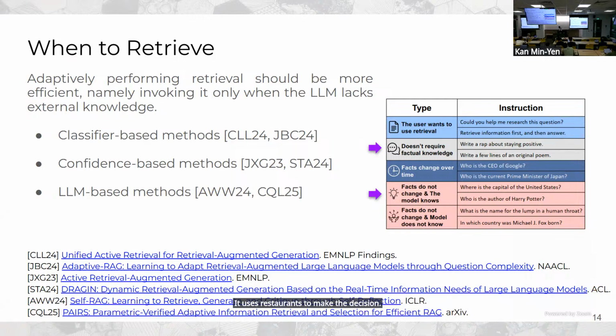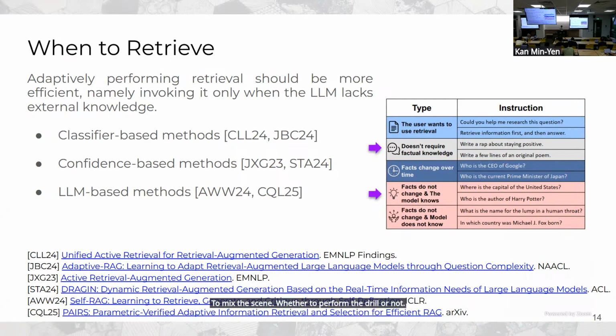The second category is called competence-based methods. These develop a method, commonly a threshold-based method, to make the decision whether to perform retrieval or not.